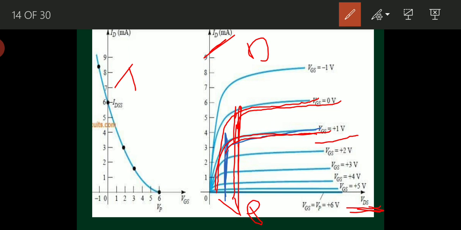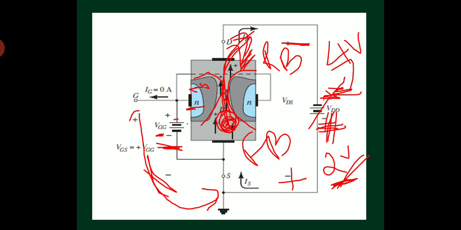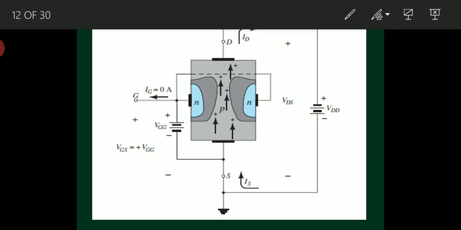If I apply more positive voltage here, this is positive, this is negative, and if I go on increasing VGG, what will happen?